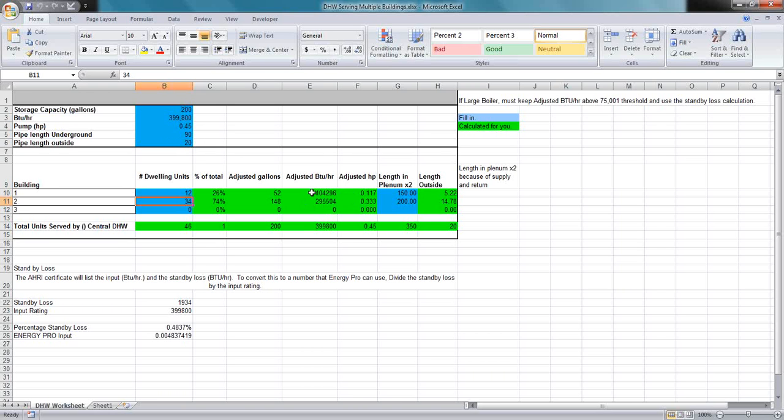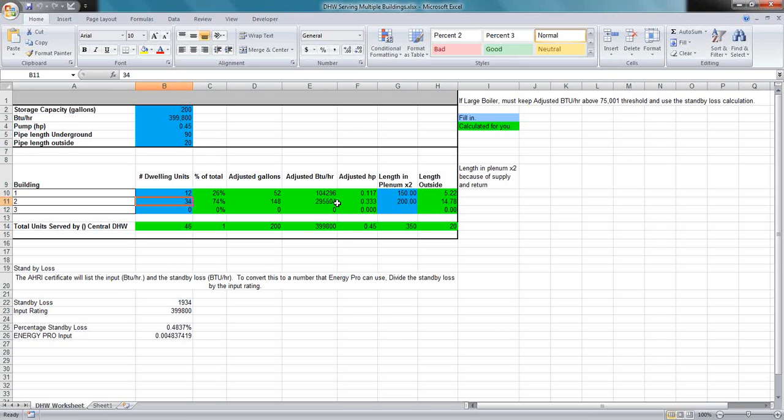Now, the adjusted BTU, I want to go back to what I was saying before about greater than 75,000 BTUs or less than 75,000 BTUs. If you do this split up, and say your adjusted BTU turns out to be less than 75,000 BTUs, well, you want to make sure that thing is over 75,000.